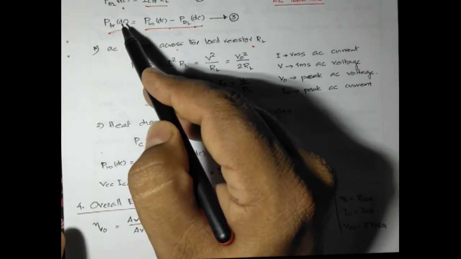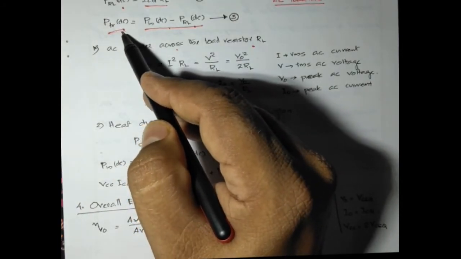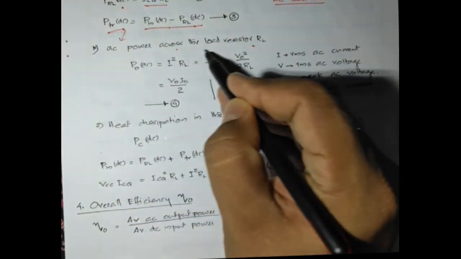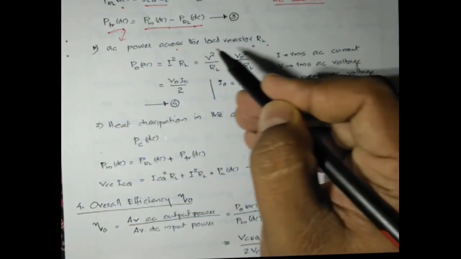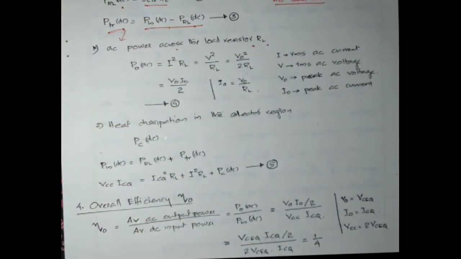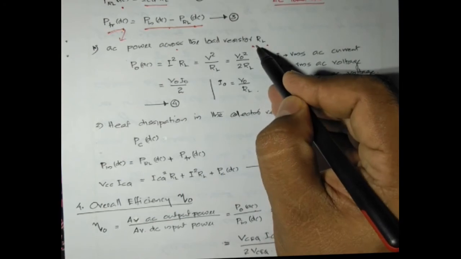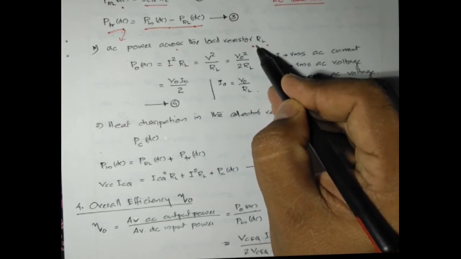The DC power which is supplied to the transistor is utilized in 2 ways. The first one is the AC power across the load resistor RL. So a portion of the transistor power is utilized in creating an AC power across the load resistor, and this is taken as our AC output.